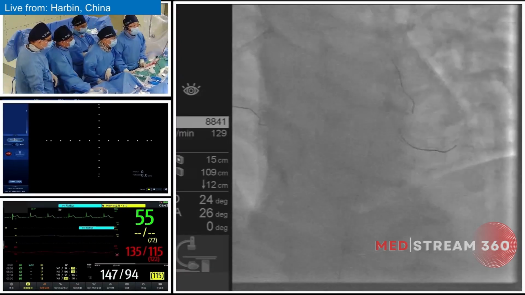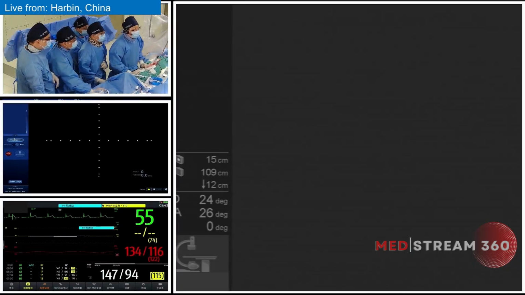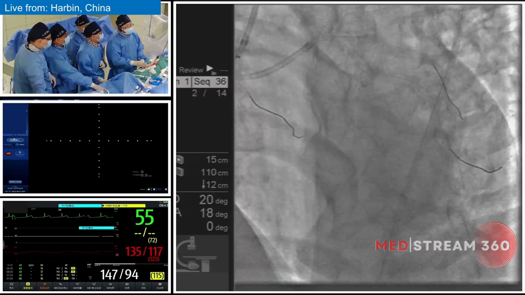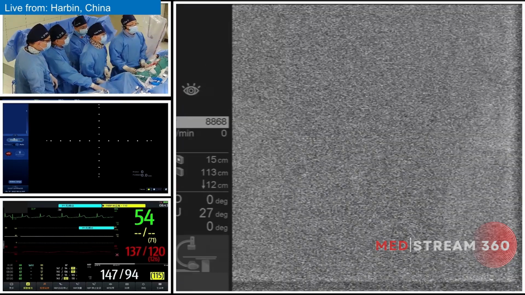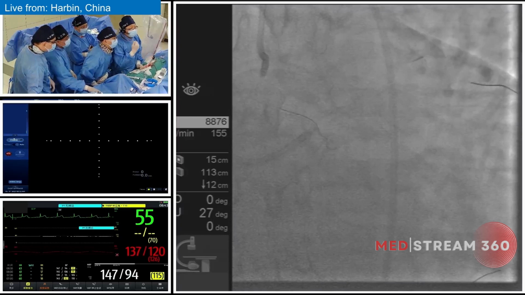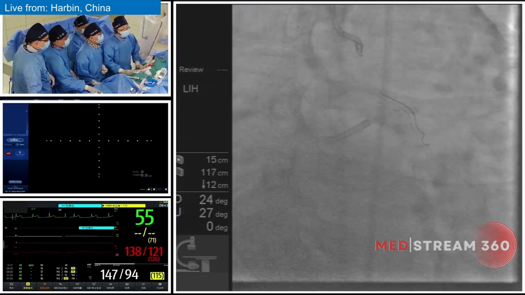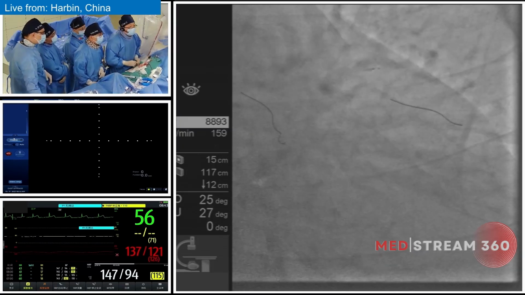On the back, please. Okay, can we see? Not in one line. No, maybe no. Okay, epicaudal. Yes. Choose the angle. So we are trying different kinds of projections to seek the best projection. RAO. Yeah. Okay, I see. In this direction, I think this should be in one line.